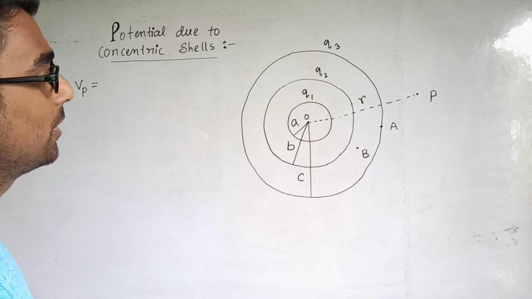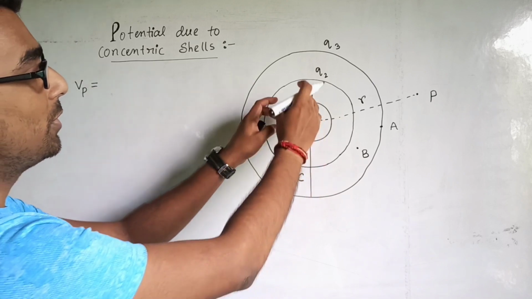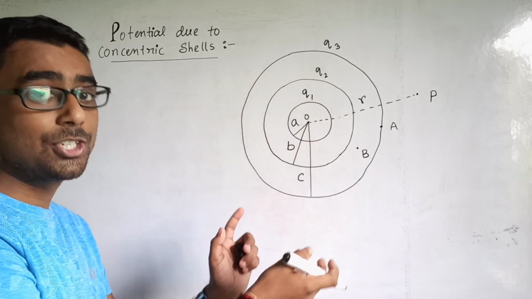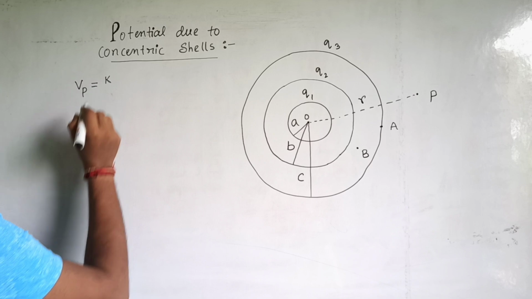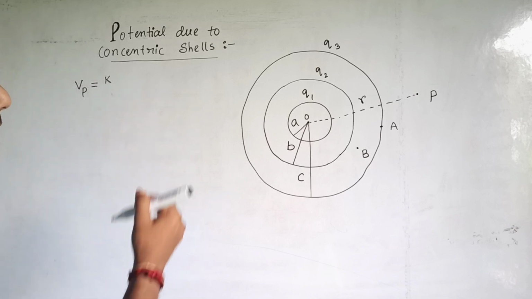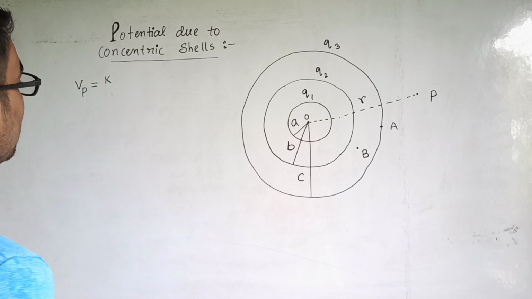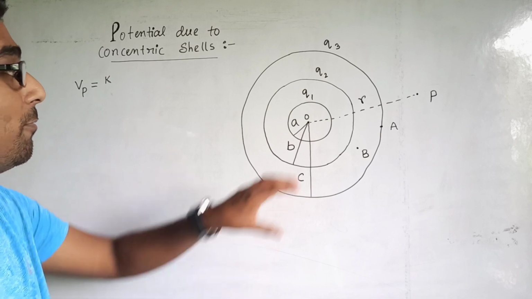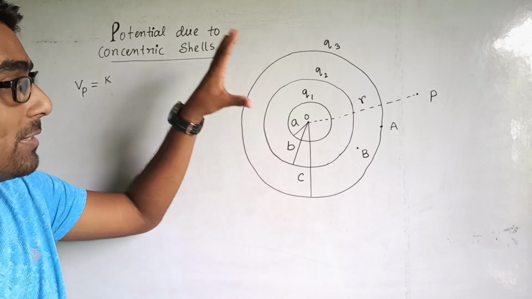Okay. Now the potential at P will be due to three different concentric shells. So we can write K, where K is the constant 1 by 4 pi epsilon naught. Q by R is the expression of potential. Due to the first concentric circle, you need to consider there are three different circles.